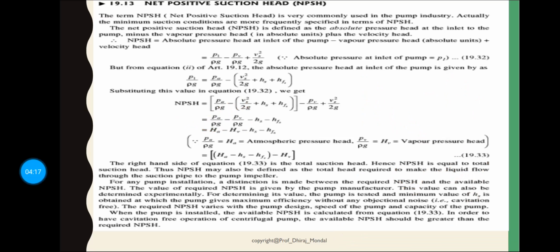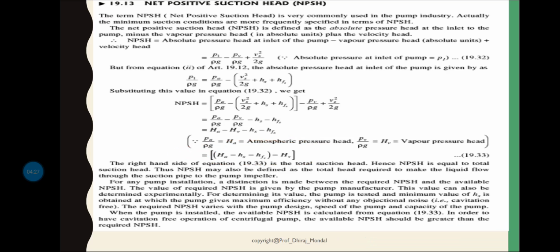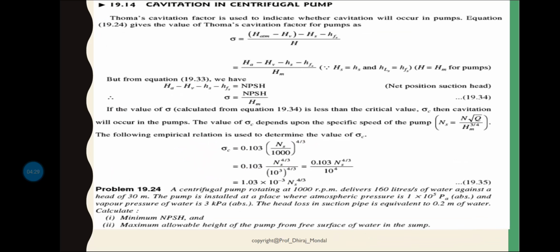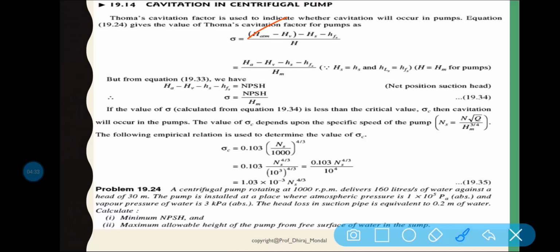So can you remember this part? HA is equal to atmospheric pressure head, minus HV, minus HS, minus HFS.